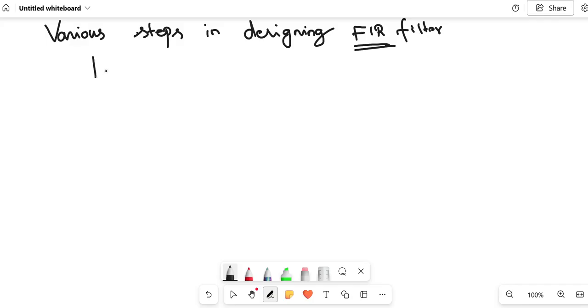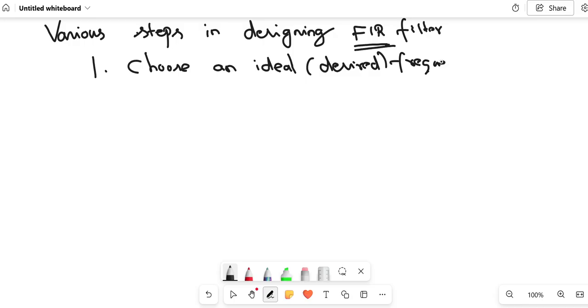The first step: choose an ideal frequency response, or you can say a desired frequency response, that is H_d(omega).